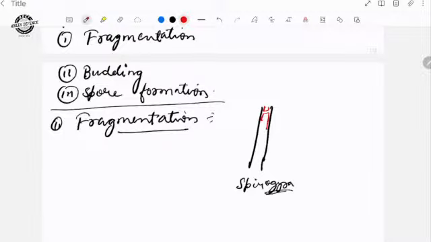This is a spiral chloroplast. When this Spirogyra is cut at any part, it is going to distribute like this. This is one part, this is one part, this is one part, and this is one part. Understood?